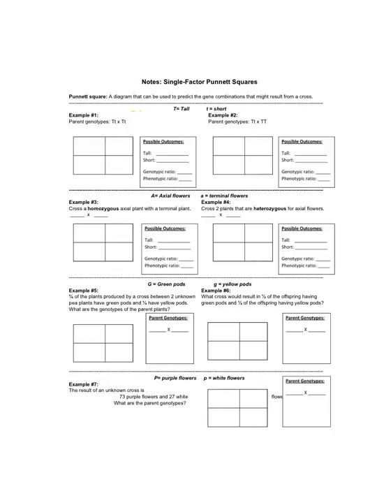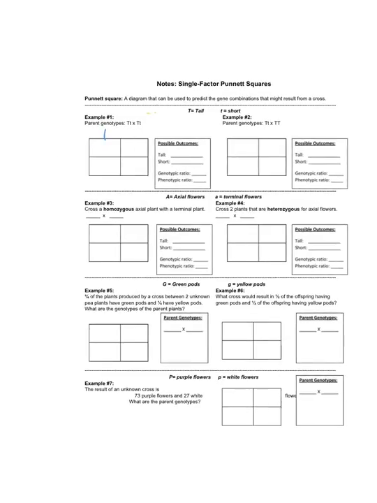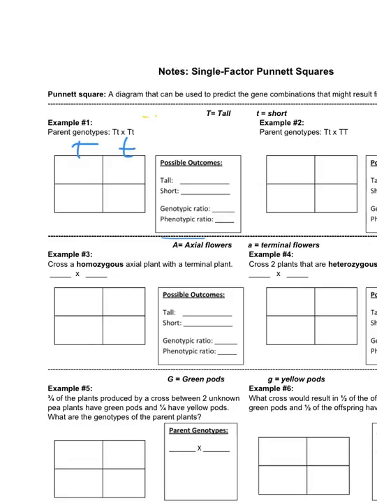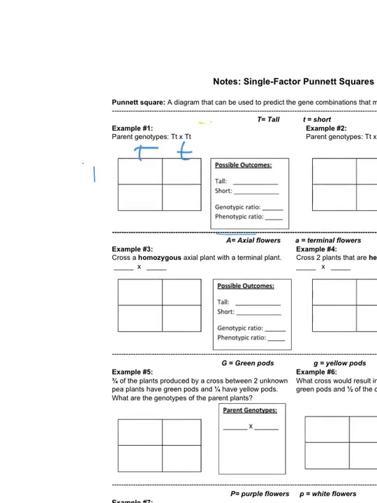It doesn't matter what parent goes where. For instance, I'm going to put this parent on the top, and this parent over here on the left-hand side. The outcomes, again, will be the same. So I'm going to put a capital T here, lowercase t here, and then capital T here, lowercase t here. Excellent.